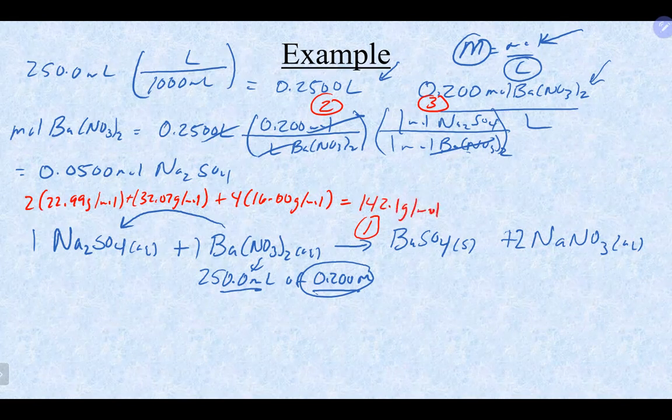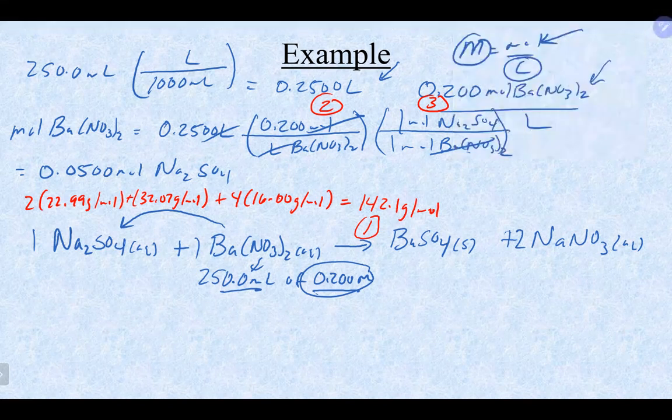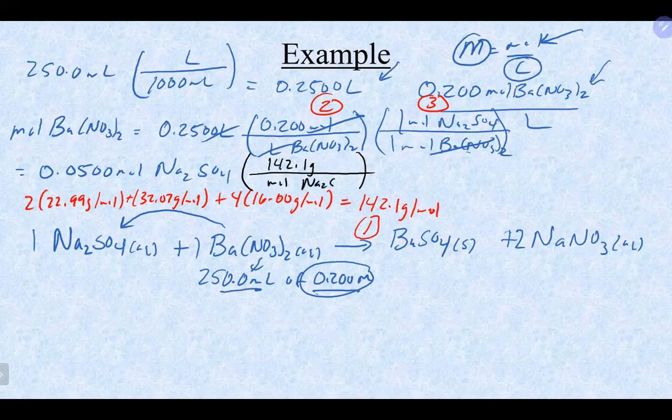So we're going to use the molar mass there to convert our moles into grams, which will be the final step of this part of the problem. Using the molar mass we just calculated, we have 142.1 grams per mole of sodium sulfate.